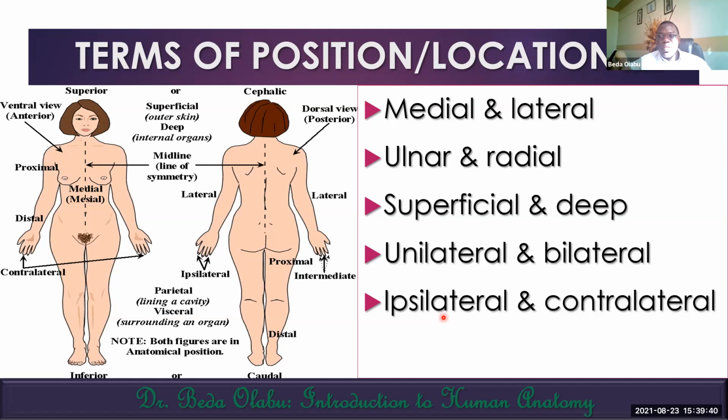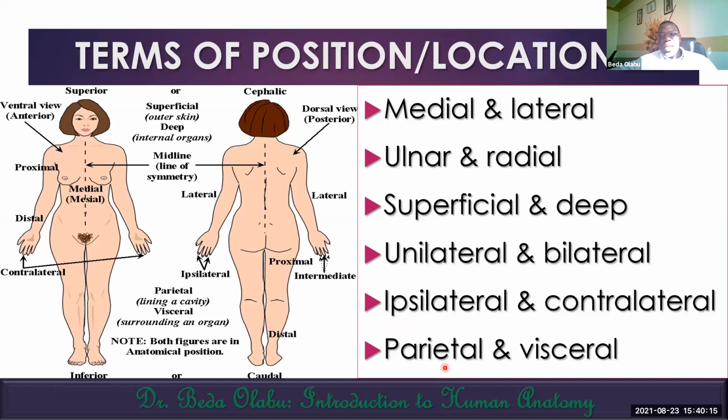They're both on the same side, so ipsilateral. The opposite of that would be contralateral, which means the other side. So contralateral here would mean that the growth is on the right side, yet the paralysis is on the left side. So that is contralateral. Or the growth is on the left side, then the paralysis is on the right. So that is contralateral. Opposite side.